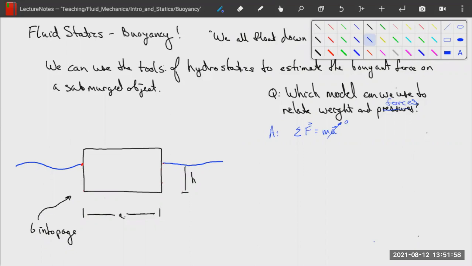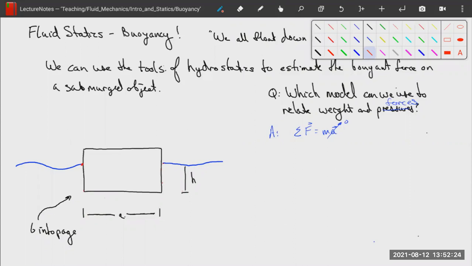If we're using sum of the forces is equal to mass times acceleration, then we need to have a free body diagram, which conveniently we've started over here on the left. In this case, we know that there is going to be a pressure acting on a surface. And remember, a pressure, when it acts on a surface, always acts inward on it, right? From the liquid to the object. On the bottom, it's pretty obvious what that pressure is going to be.